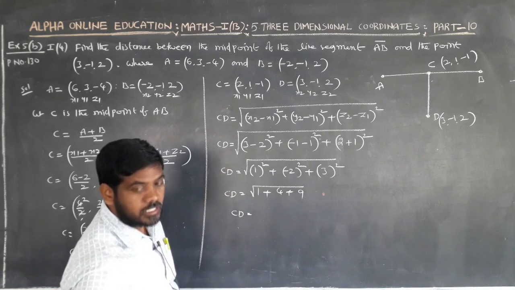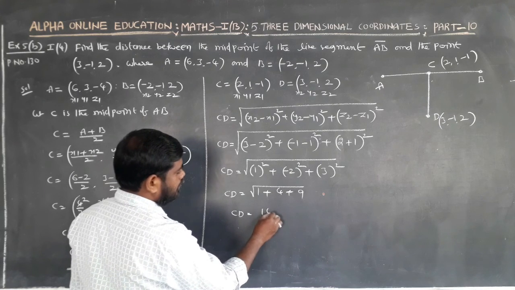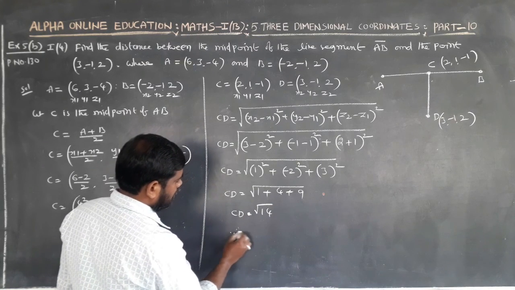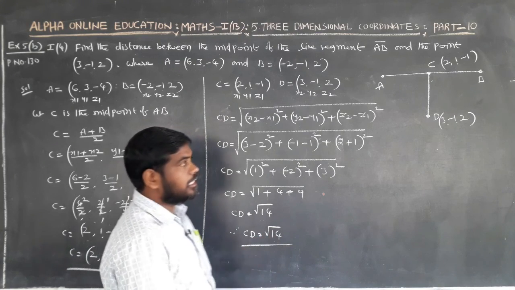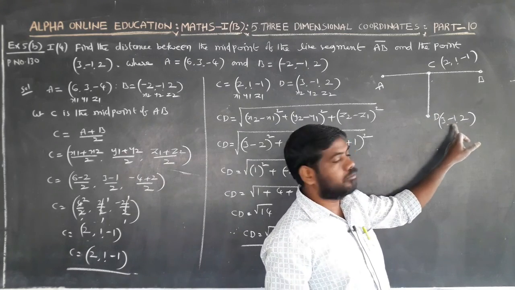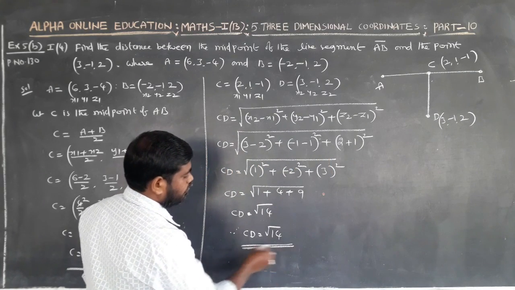CD is equal to the square root of 9 plus 4, 13, plus 1, 14. The distance between the midpoint of AB and the point (3, -1, 2) is root 14.